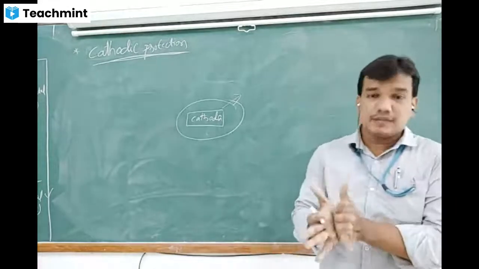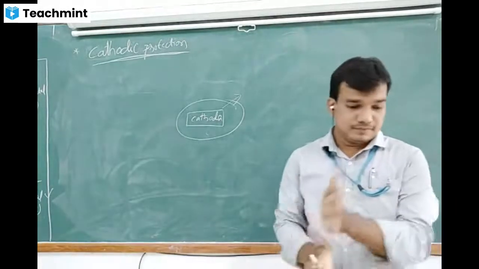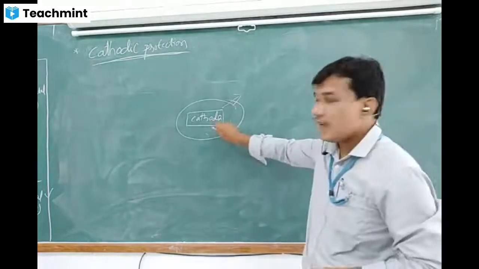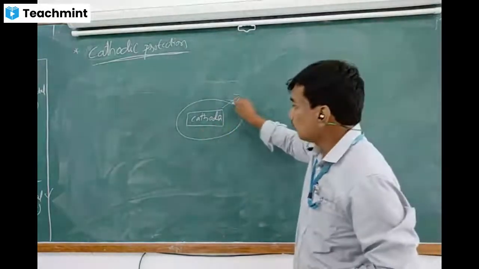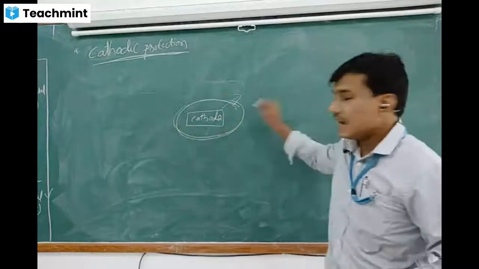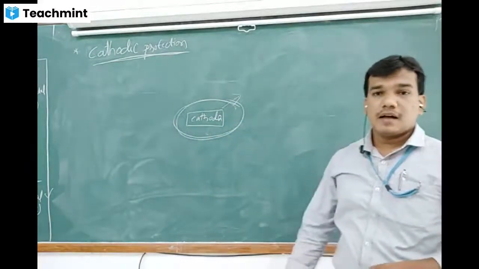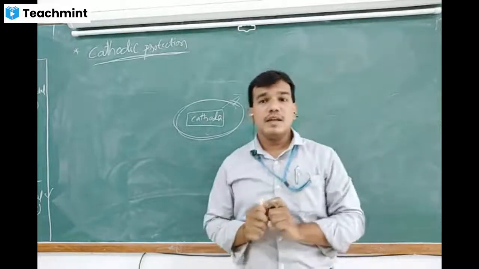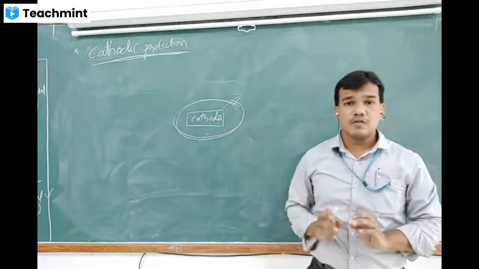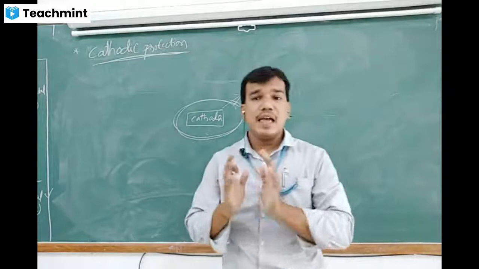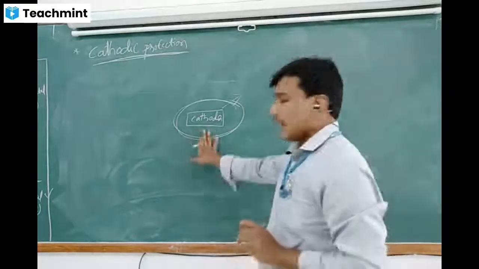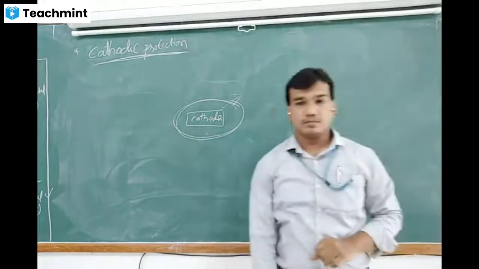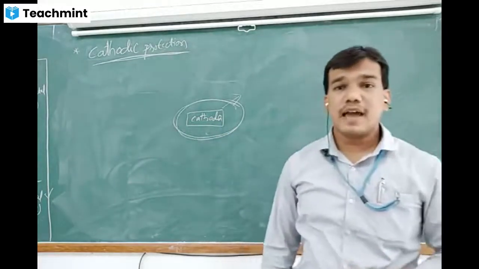I want to save this iron metal, we have to protect it from corrosion. I have to make this complete iron metal a cathode. How do I make this iron metal a cathode?